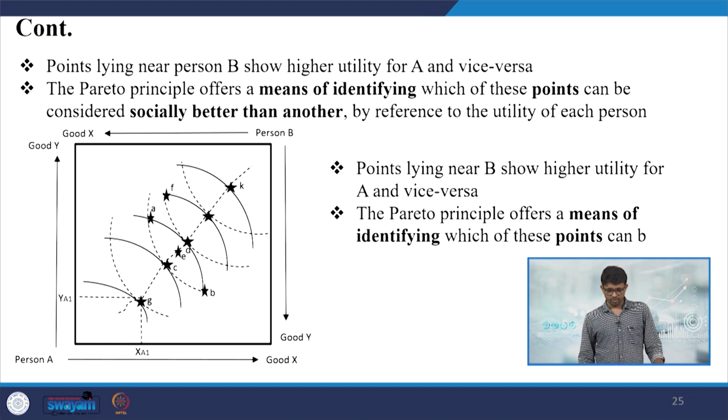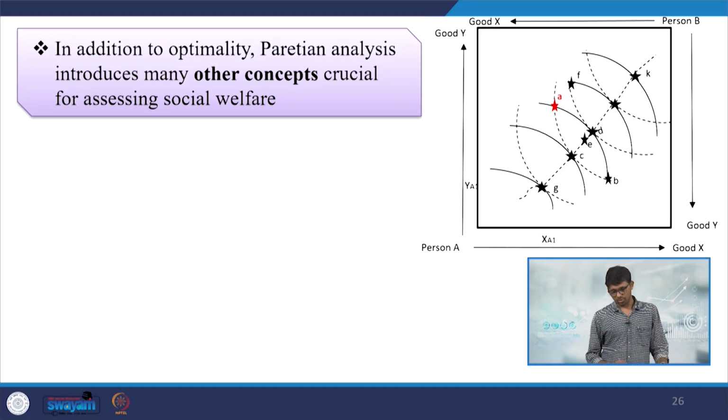Okay. Points lying near B show higher utility for person A and vice versa. The Pareto principle means identifying those points which would derive the best satisfaction without compromising the other one. Okay.